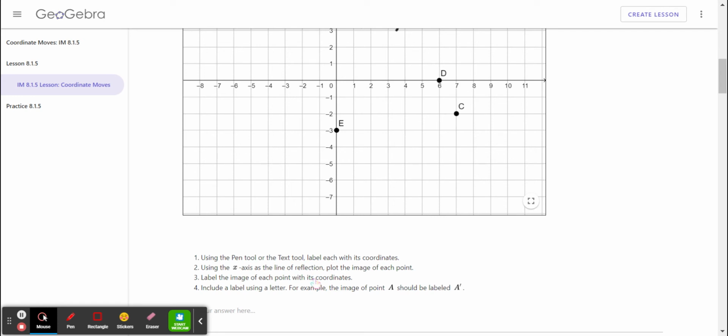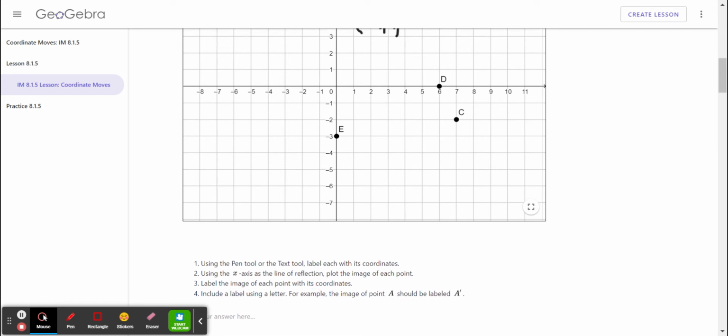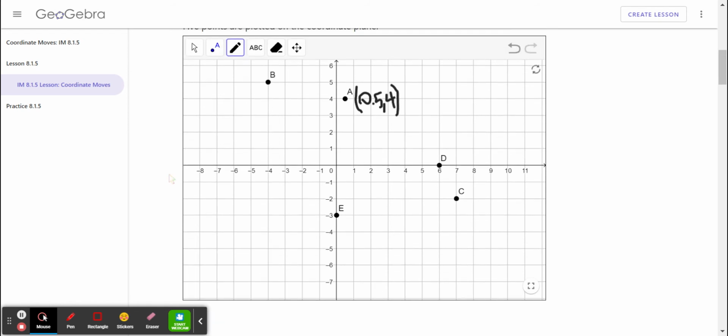So step 2 says, using the x-axis as the line of reflection, plot the image of each point. And what that means is that you are reflecting the points across the x-axis or flipping them over. So when we have the point 0.5, 4, imagine if we folded the coordinate grid in half across the x-axis, you would end up with that same point right here, and the coordinates of that point would be 0.5, -4, because now we're below the x-axis.